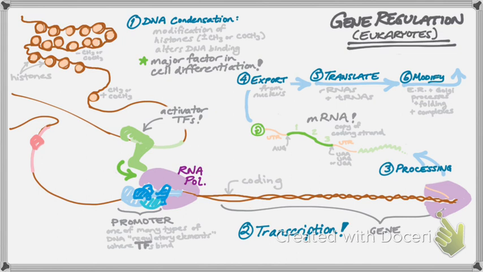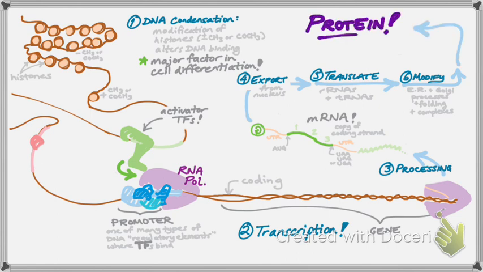If you pass all these steps properly, uncondensed DNA, transcription factors present, RNA polymerase doing its job, pre-mRNA being processed out of the nucleus, translated and modified, then you can finally get a protein.